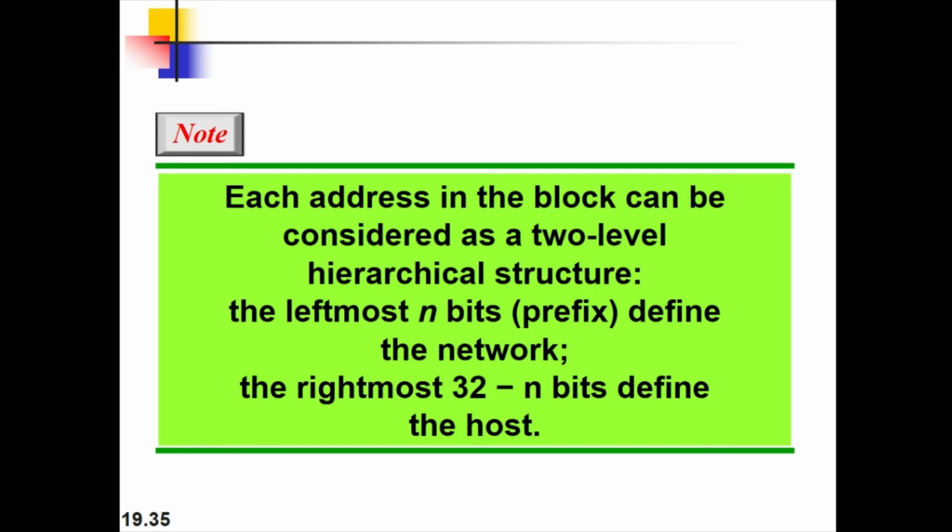Each address in the block can be considered as a two-level hierarchical structure. The leftmost n bits we call the prefix. This part defines the network, and the rightmost, which is 32 minus n, defines the host.